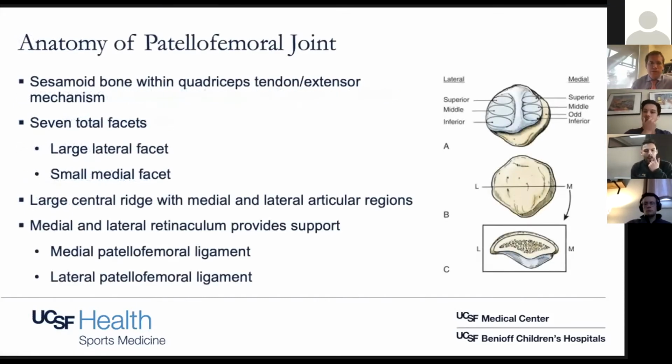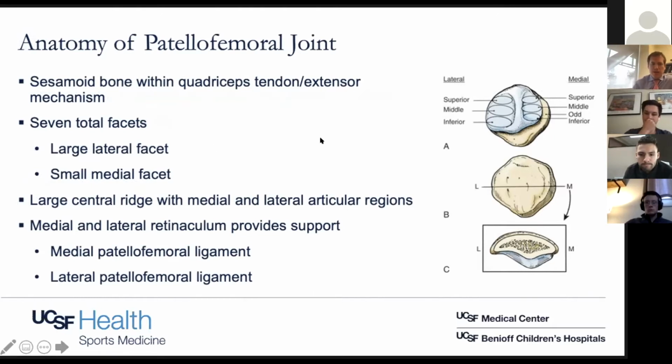So with the patellofemoral joint, the patella is a sesamoid bone within the quad tendon and the extensor mechanism. And then there are 7 total facets. We'll think of this largely as the lateral facet and the medial facet, and those are broken into the superior, middle, inferior, and then there's the odd facet.